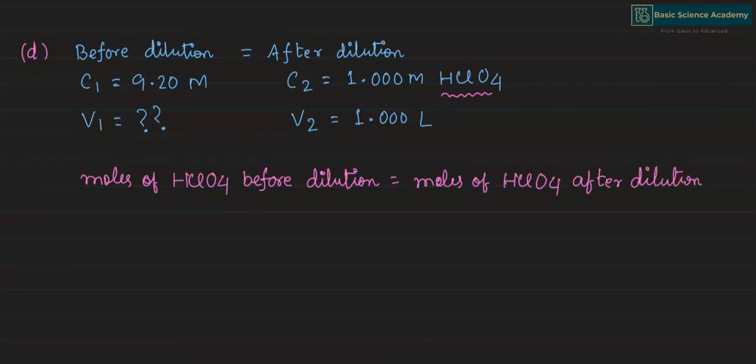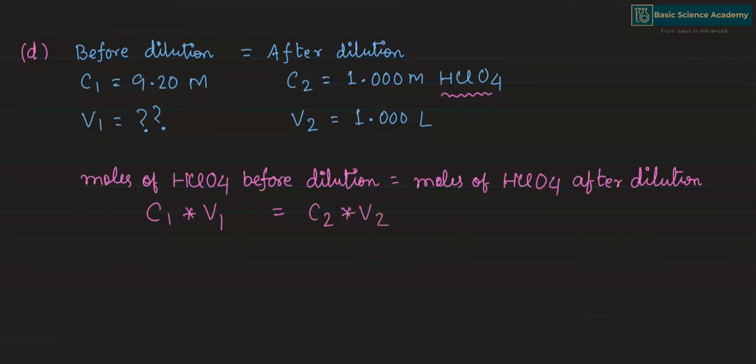We calculate the moles of a solution using the formula concentration multiplied by the volume. So moles of solution before dilution is C1 multiplied by V1, and the moles of solution after dilution is C2 multiplied by V2.